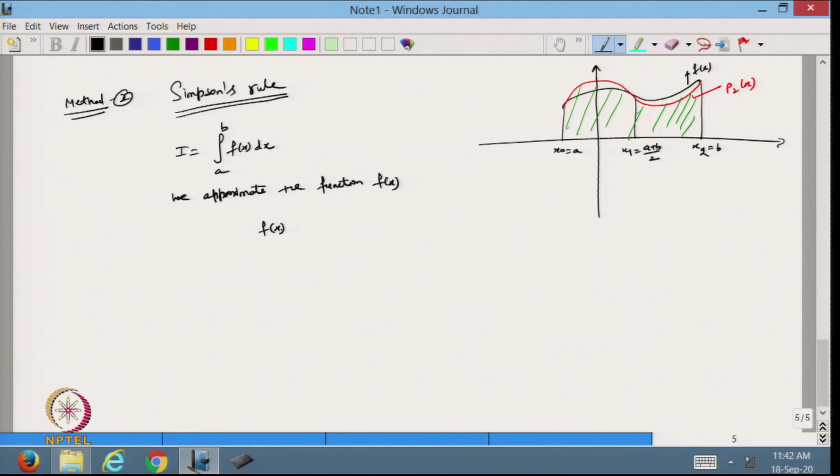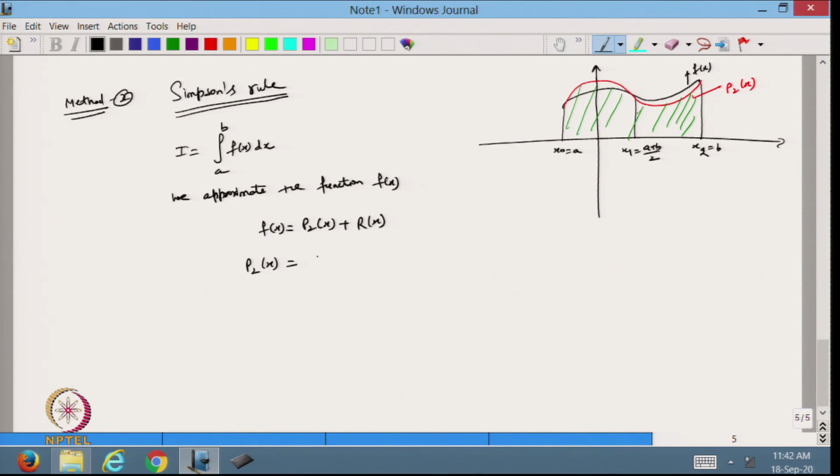So, f(x) I approximate with p2(x) plus the error term, which we call the remainder term, R(x). Now, what is my p2? p2 is the second degree polynomial.